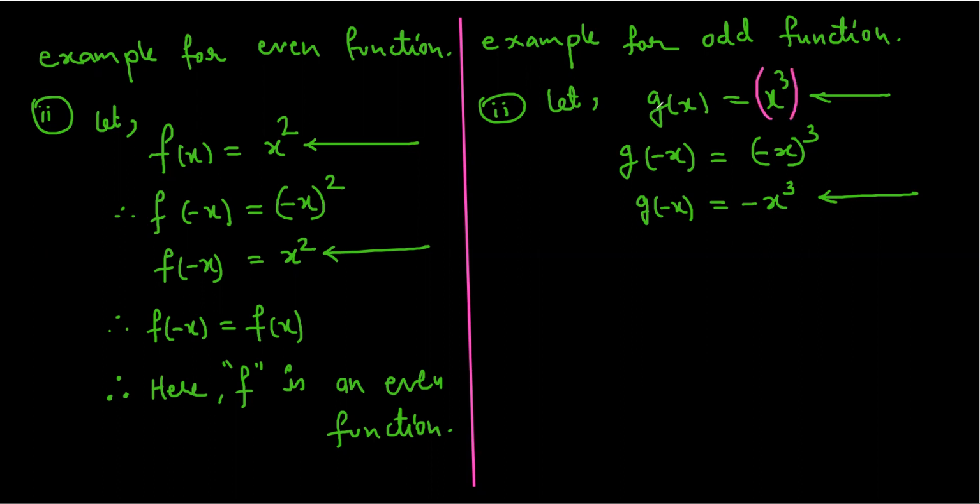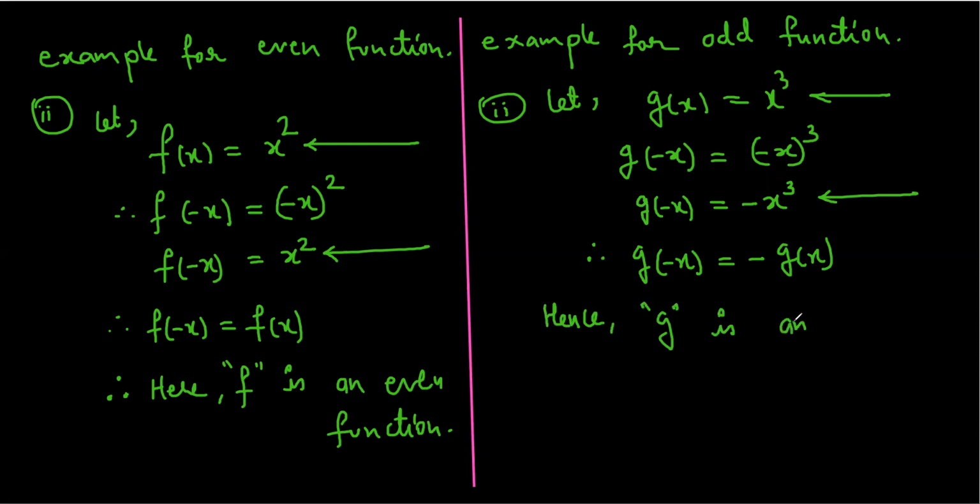X cube is g of x, so for x cube I can write g of x. So what will that give me? It will give me in the next step g of minus x is equal to minus of g of x. So I can say, hence, g is an odd function.